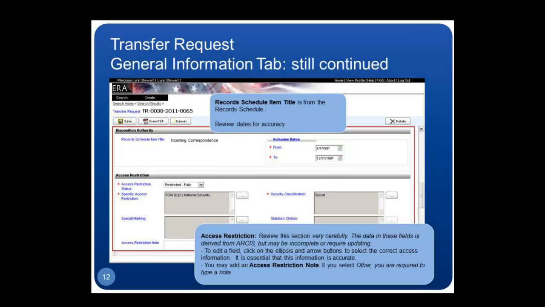And so the gray background does not mean anything. You may click on the ellipsis and you will see a pull-down list. You may make more than one selection. That is true of both the specific access restriction, the security classification, the statutory citation, and the special marking fields. All of those have pull-down menus, which appear when you click on the ellipsis.